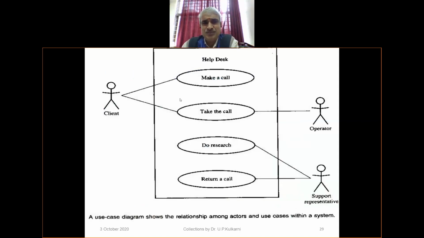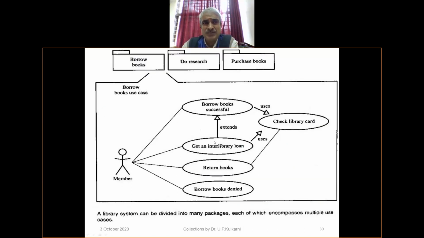The example given in the textbook, we have referred to it. We also said that we can package the things, and every package we can explore and represent. Here there is a very interesting thing you can do. You have heard about has-a and is-a relationships in object orientation, or inheritance.